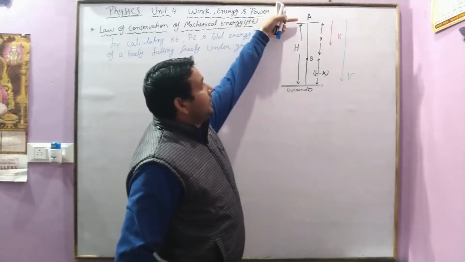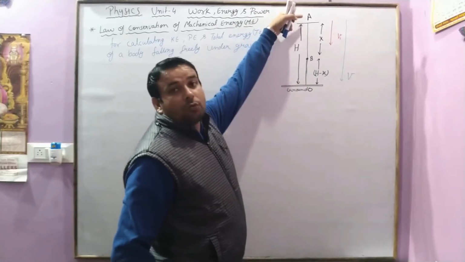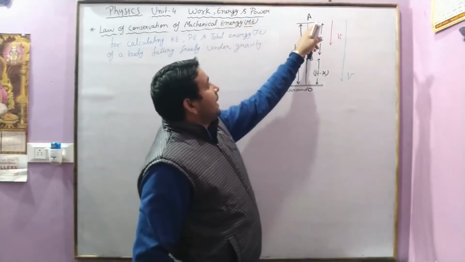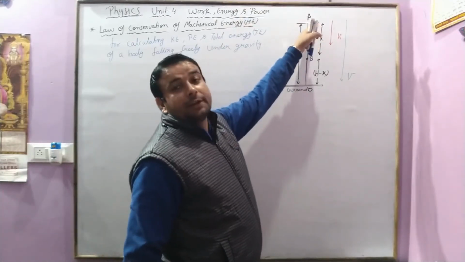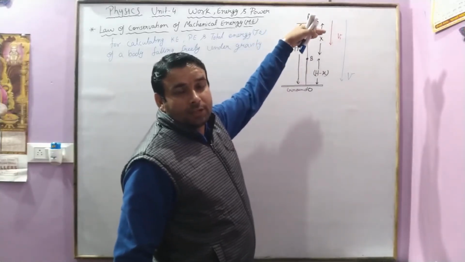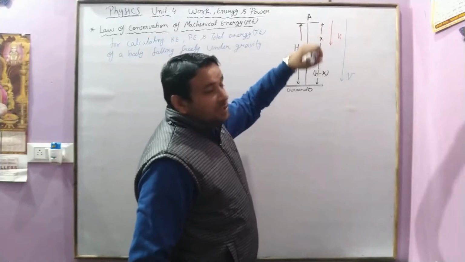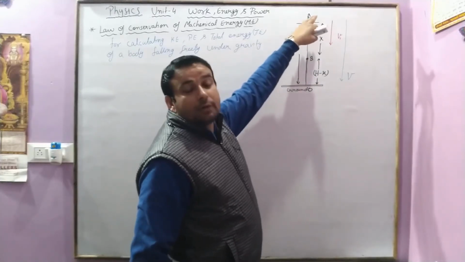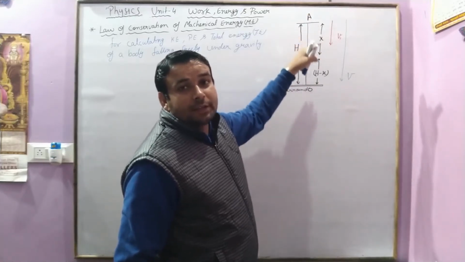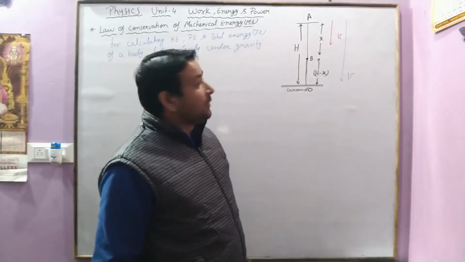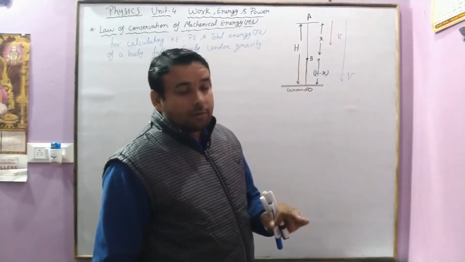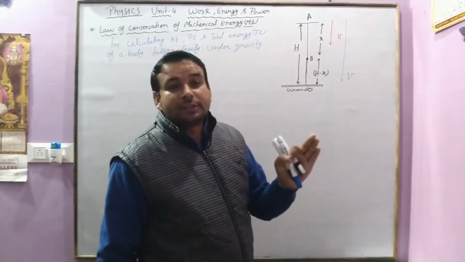Okay. Then when it is released from point A under the effect of gravity, we observe that its speed increases as it comes towards the ground, because it is attracted with a constant acceleration due to gravity g.